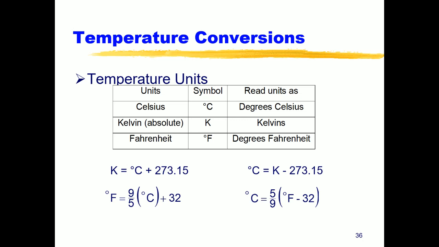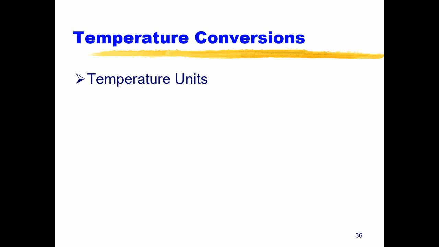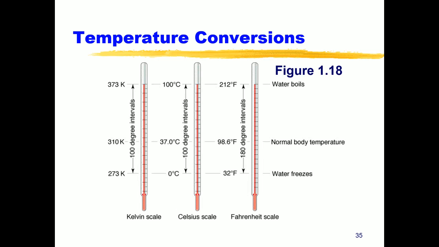Another thing here is looking at the Celsius to Kelvin. The only thing you're accounting for here is the offset. So if you look at the scales here, going back a slide, the scales change exactly by 100 on both the Celsius and Kelvin scales, and the freezing point and boiling point of water differ by 100 degrees.